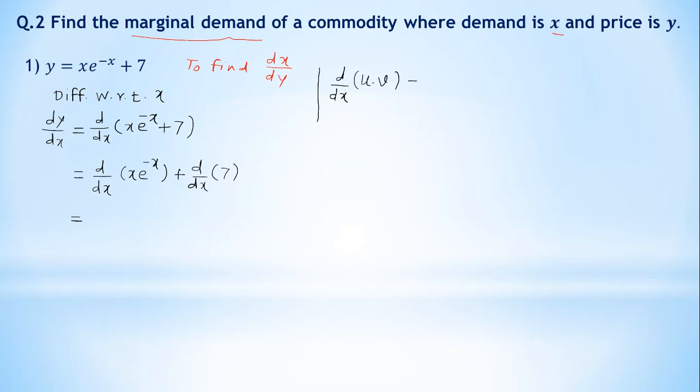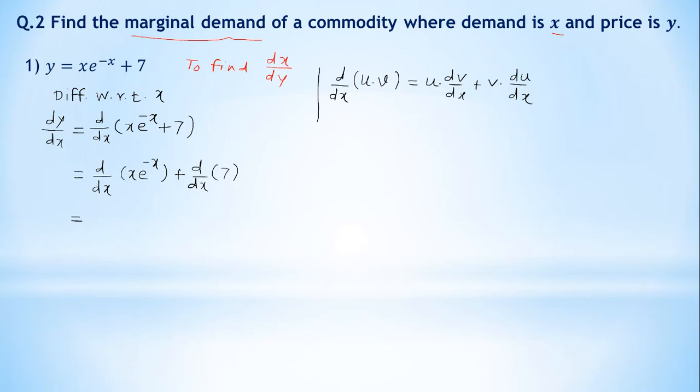How will you get the derivative? It is u into dv by dx plus v into du by dx. So remember this rule: d by dx of u into v is equal to u into dv by dx plus v into du by dx.